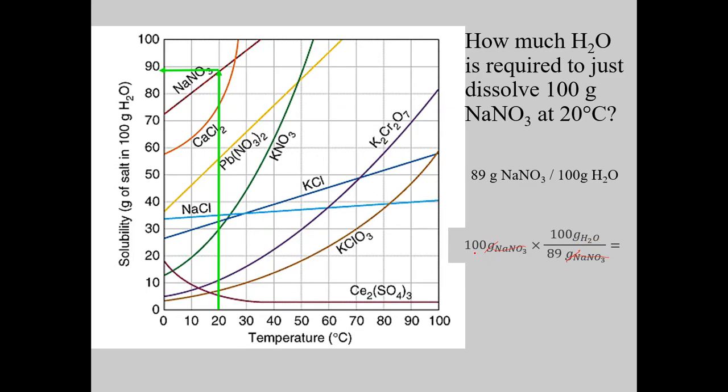So 100 grams times 100 grams of water divided by 89 grams, and I see that it's going to take 112 grams of water to dissolve 100 grams of sodium nitrate. You're using what you get off the chart as a conversion factor.